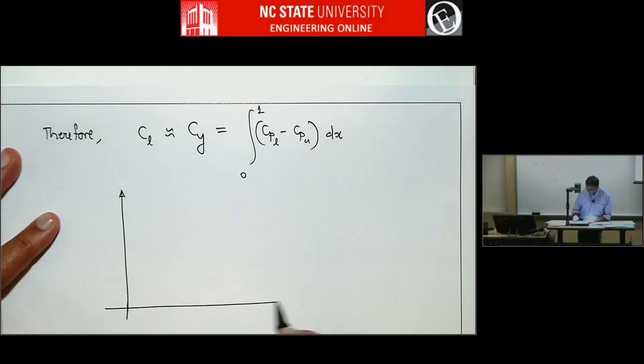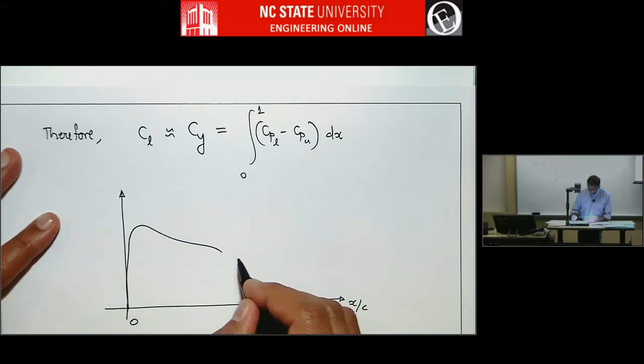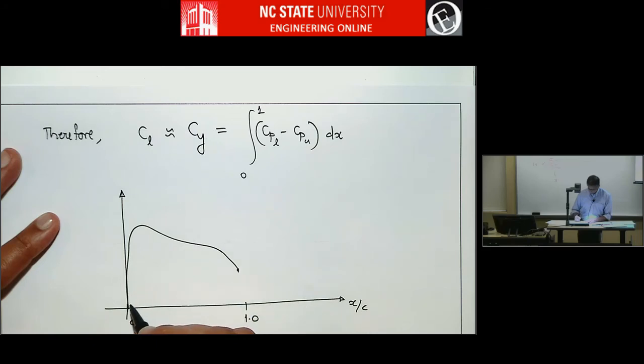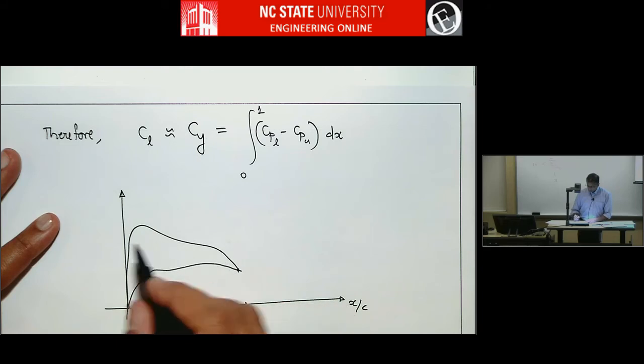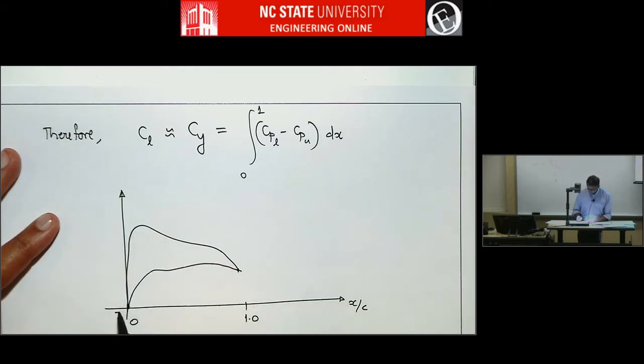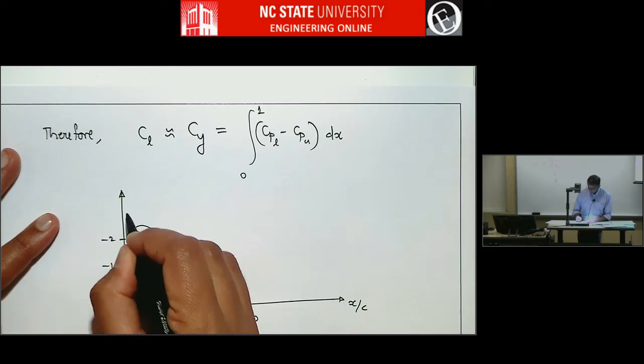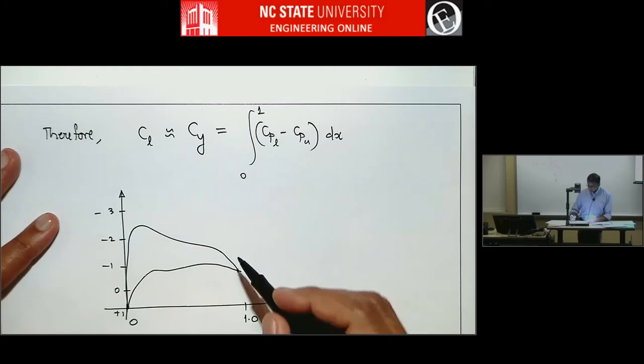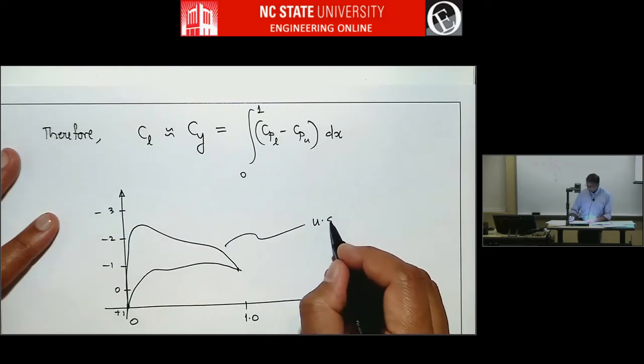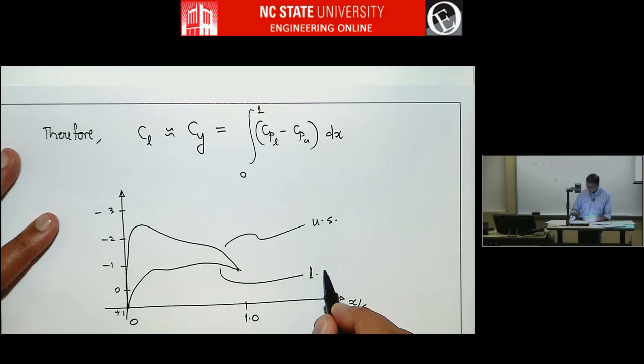If I draw a CP distribution plot, this is x over c, this is 1, this is 0, so this is a CP distribution plot. Remember, we plot CP upside down, so this is plus 1, this is 0, minus 1, minus 2, minus 3, something like that, and this is the upper surface curve, and this is the lower surface curve.